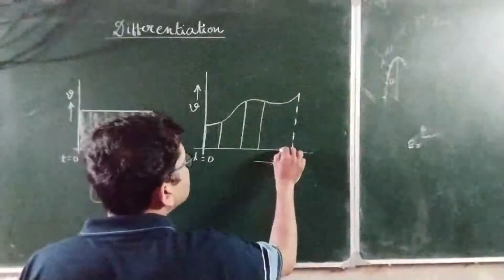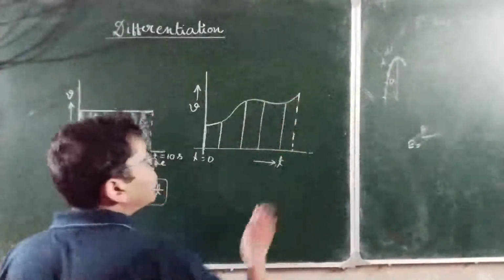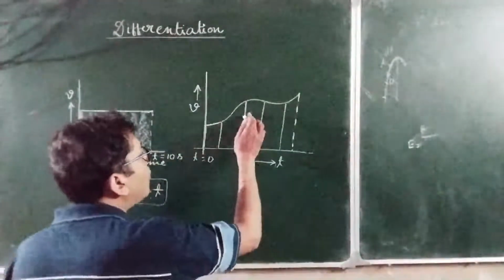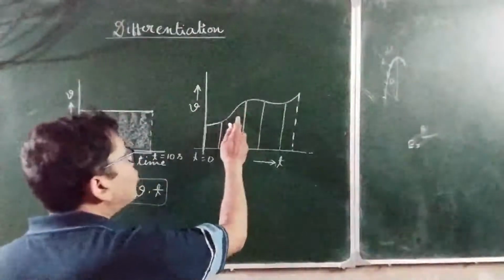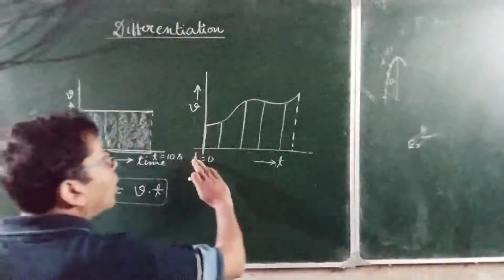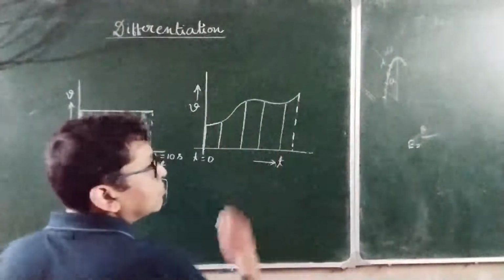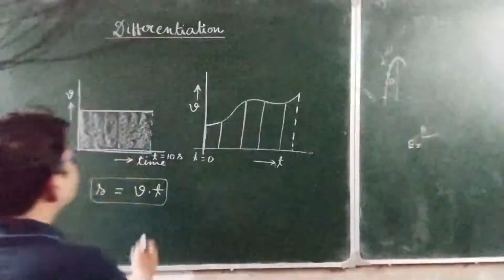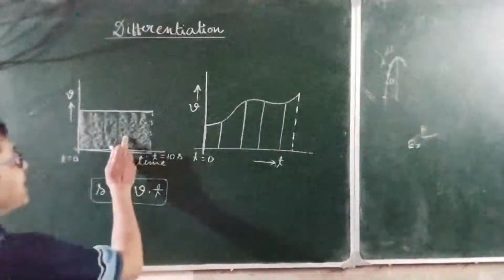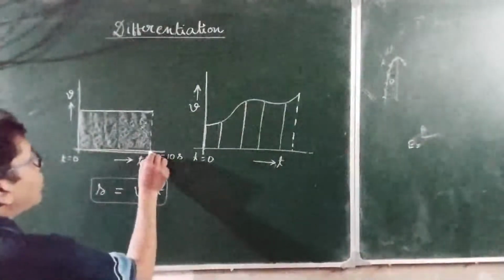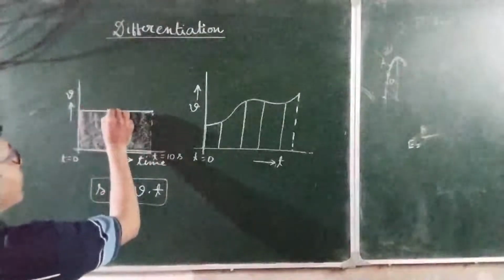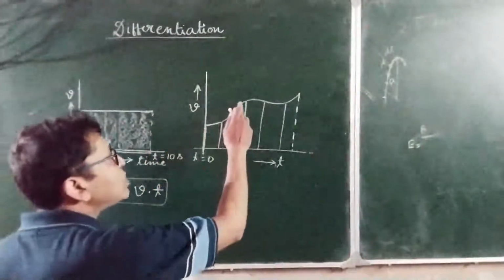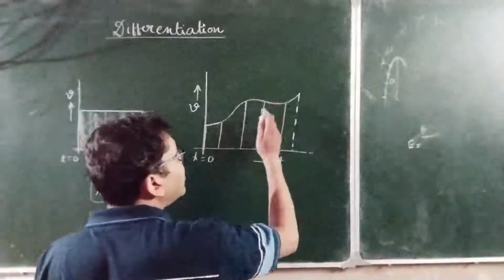So we do not have a particular value of velocity for the total time duration of the particle's journey. But in the first case, for the total journey of the particle, at every moment the velocity is the same. In this case, the values of velocity are different at different points of time.